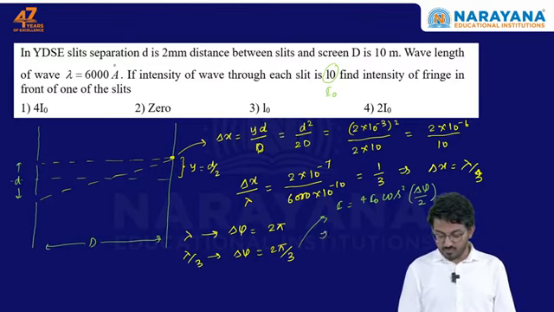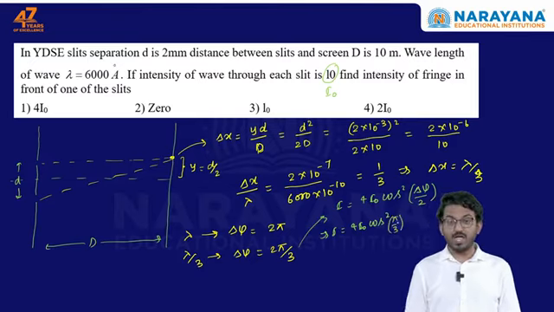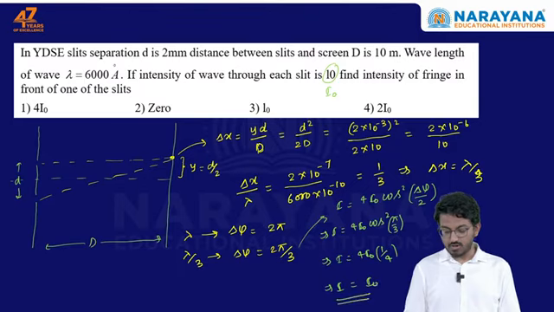Solving this will result in 4 I naught cos square, delta phi by 2 becomes pi by 3. Cosine pi by 3 is half, so the square of that becomes 1 by 4. So the resultant intensity is I naught, giving us the third option as the correct answer.